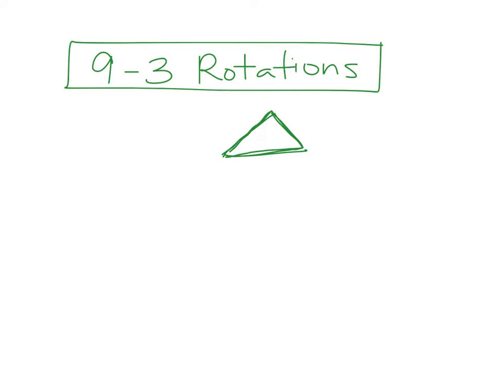Let's do this. If we're going to rotate this point, the way it works is there will be what's called an angle of rotation. Let's say my angle is going to be this angle here. This is called the angle of rotation.